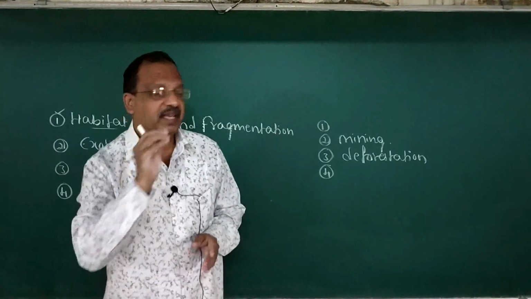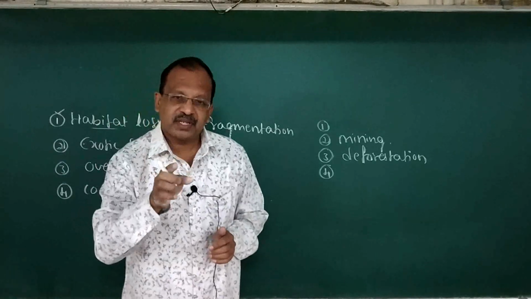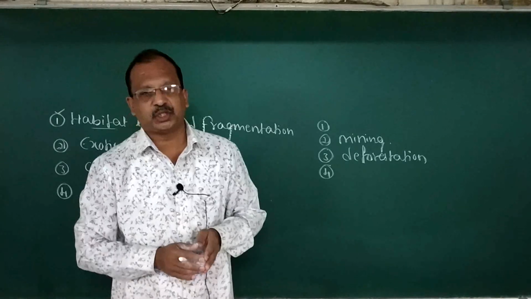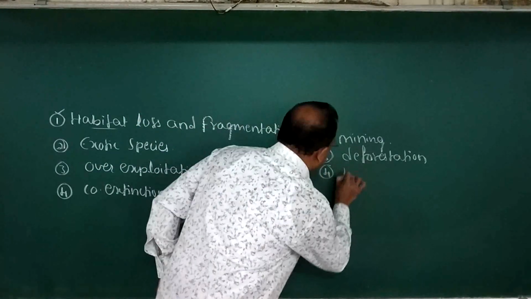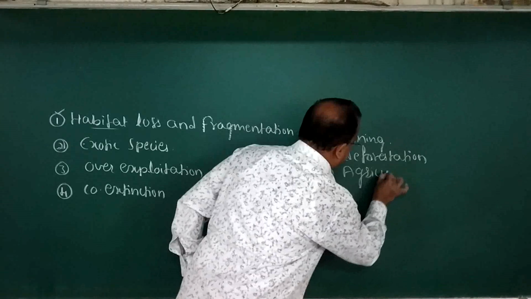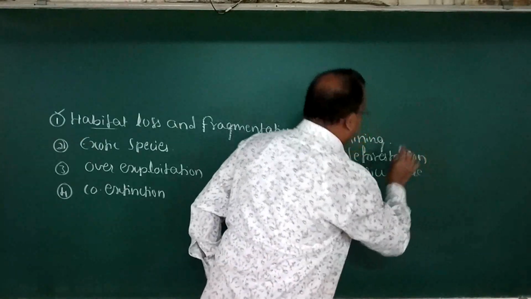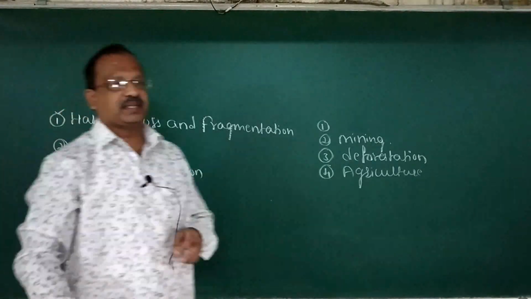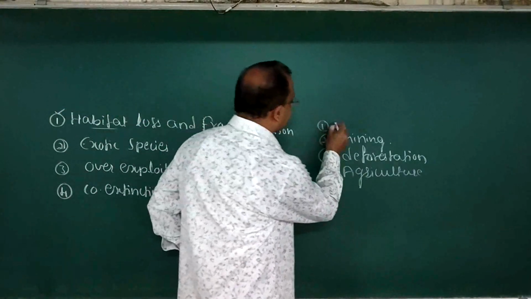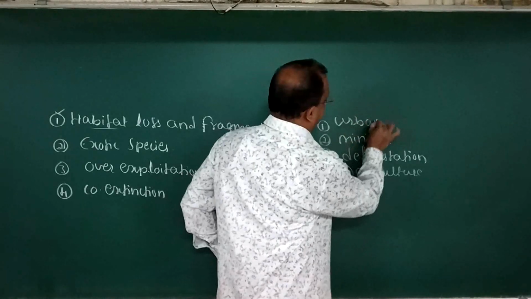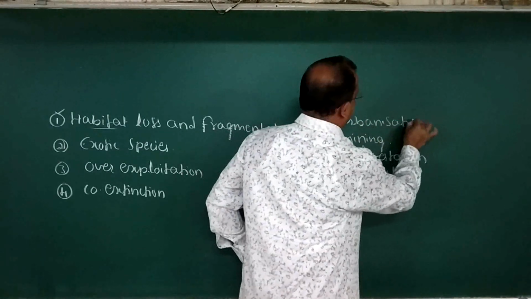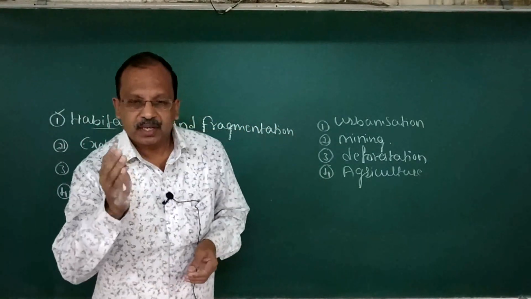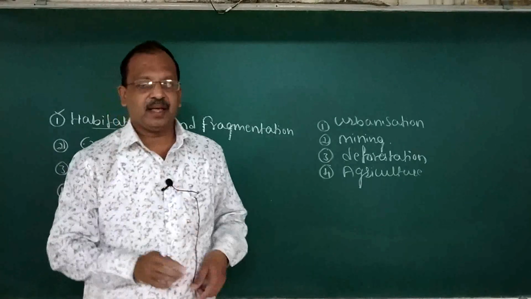Converting the forested area into non-forest is called deforestation. Agricultural expansions. Look over here, habitat loss is mainly due to human activities: urbanization, mining activities, deforestation.